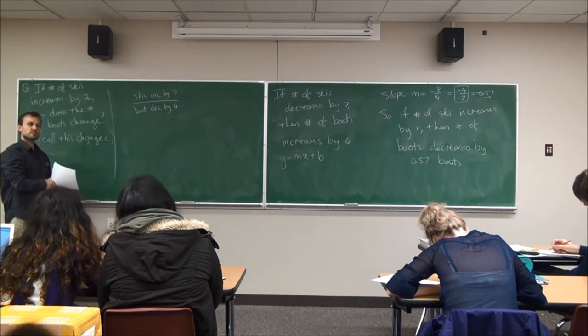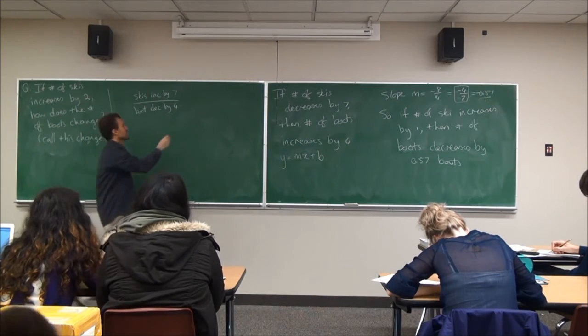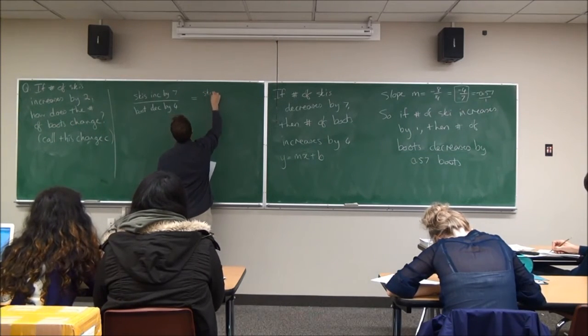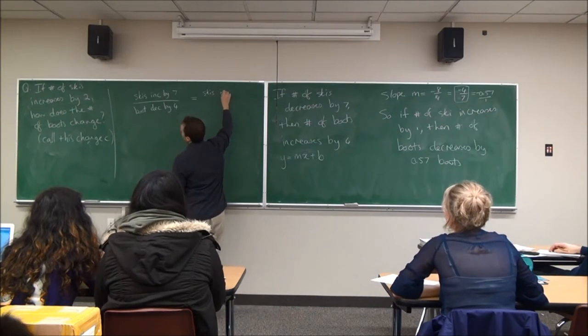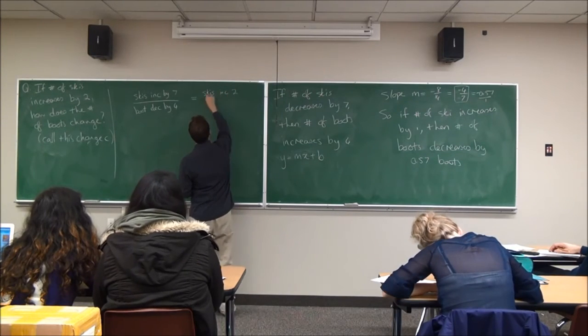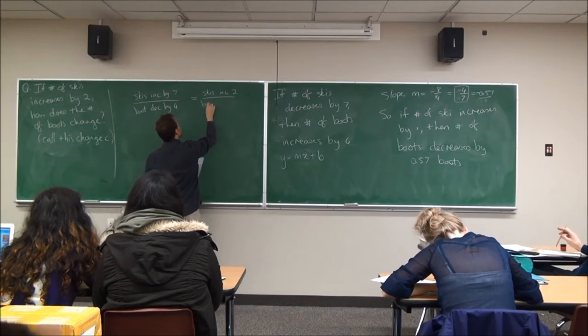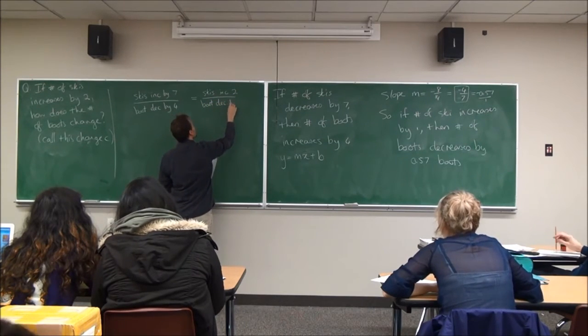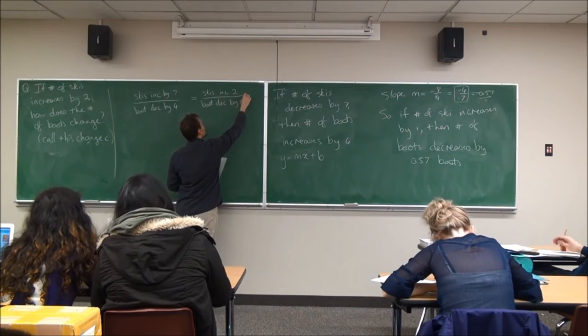That ratio has to be the same. The slope is always the same. So that has to go with, now my skis increase by 2, and I'm looking for by how much the boots decrease. I'm looking for this C.